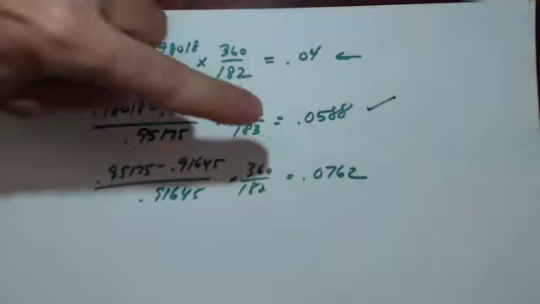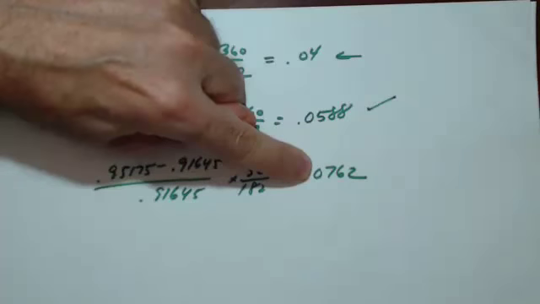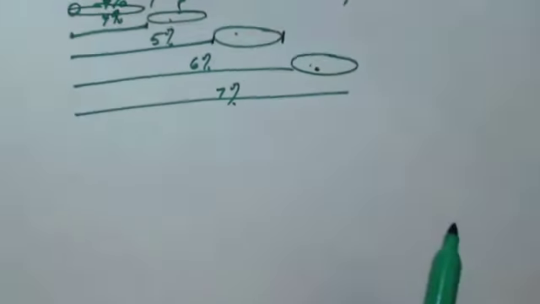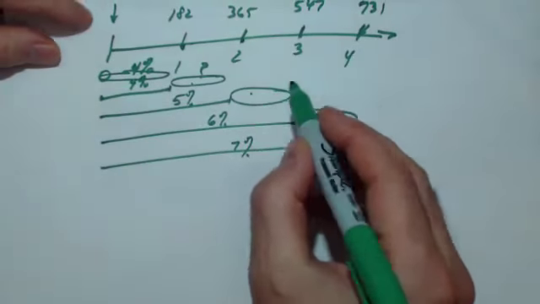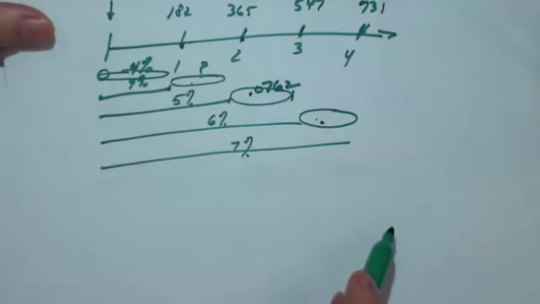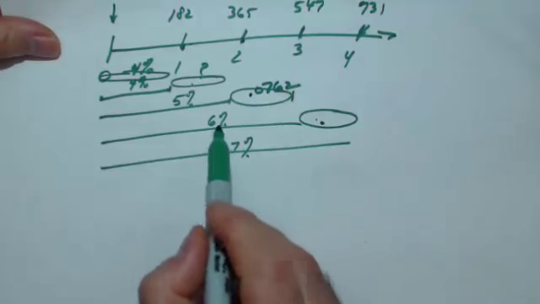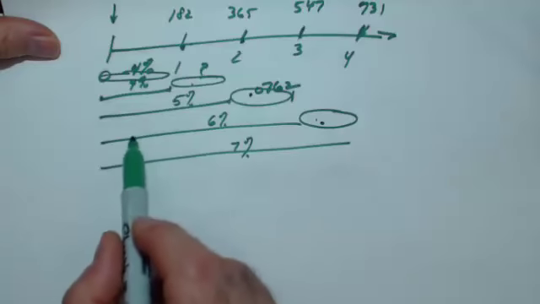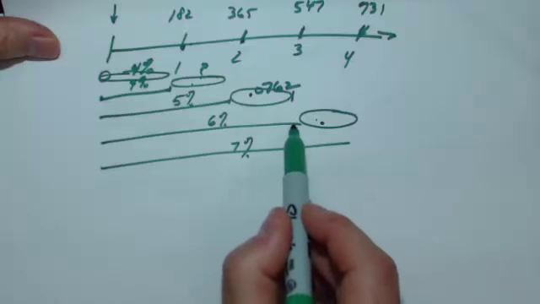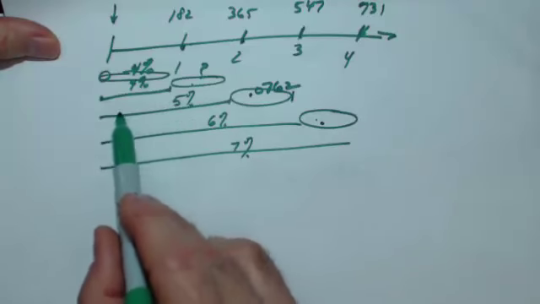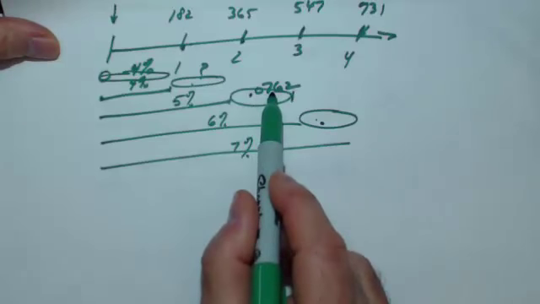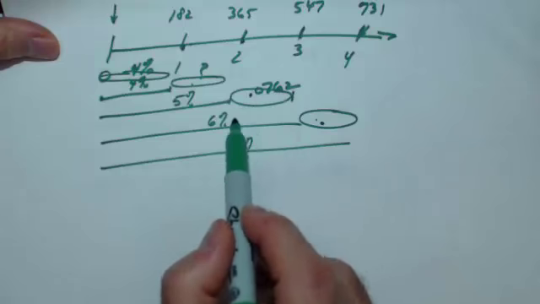Now, look at this near 8% interest rate. It's this one right here, 0.0762, and how do you interpret that interest rate? Well, you're indifferent between investing for 3 periods at 6% versus investing for 2 periods at 5%, rolling it over to 7.6%.